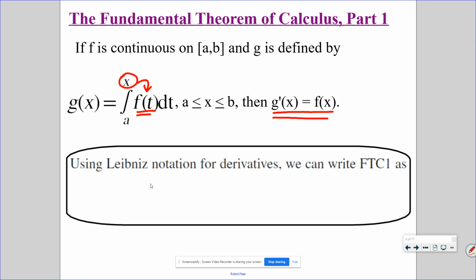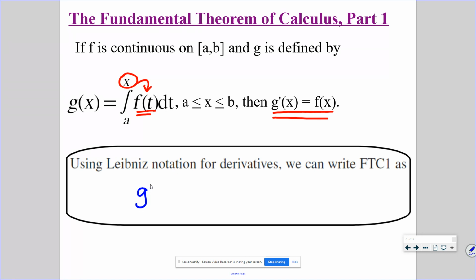Okay. One quick thing, I just wanted to show you that it is possible to write things in Leibniz notation. It's just a fancy name given by the guy that discovered it. But basically, the fundamental theorem of calculus would look like this.